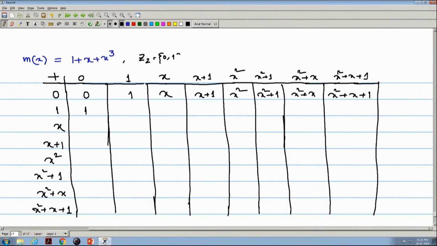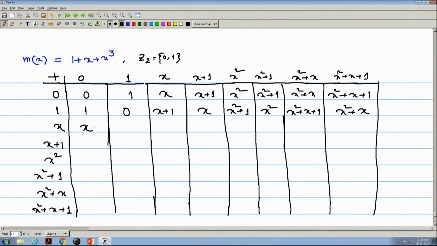So, modulo 2 addition. So, this becomes 0, this becomes x plus 1, this is x square plus 1, this is x square because 1 will vanish, this becomes x square plus x plus 1, this becomes x square plus x.